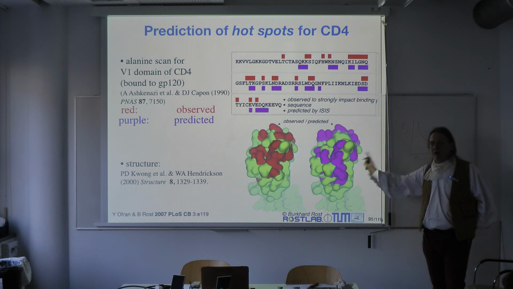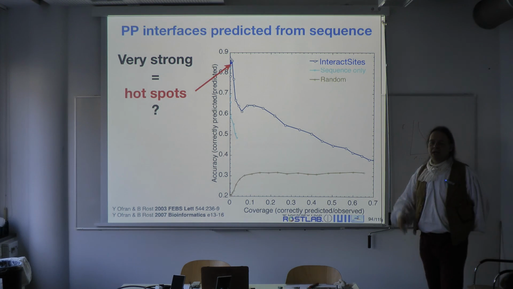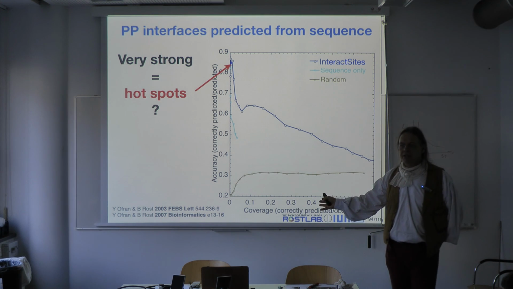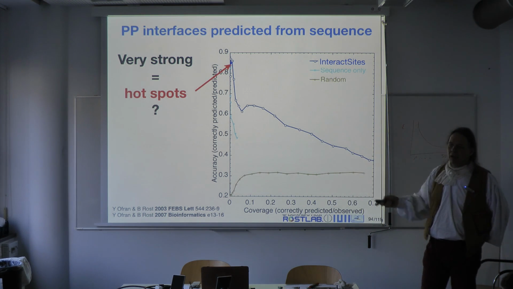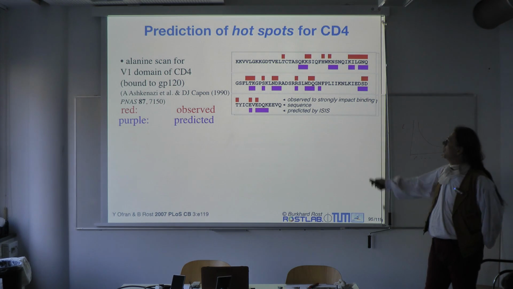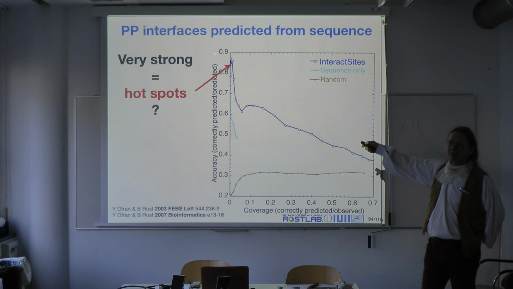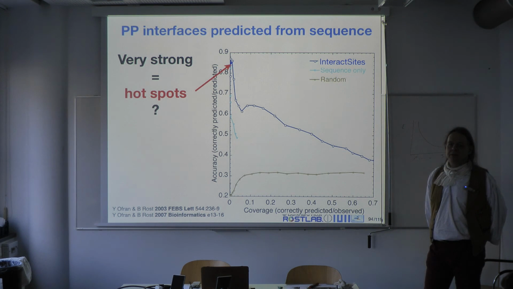Now, if you found that, would that be enough to publish? Say you published a paper saying, this is my performance, I have a method that predicts protein interaction residues, and the paper's out. Now you suddenly discover that this is one of the aspects of the very high ones.